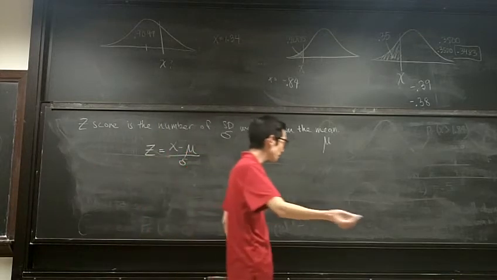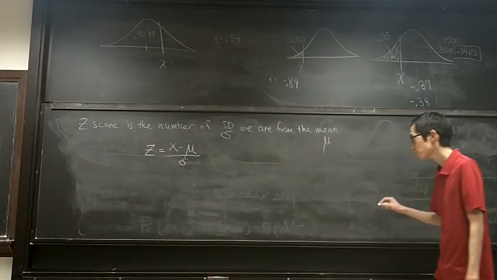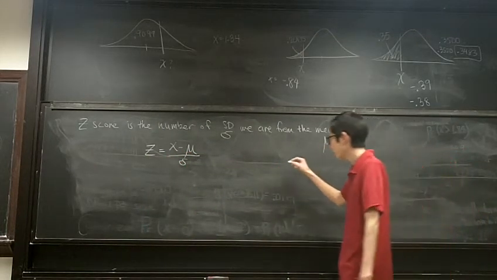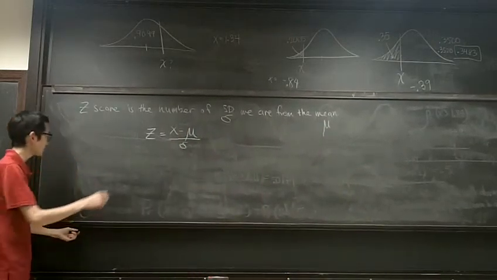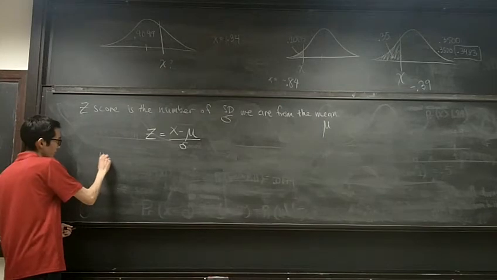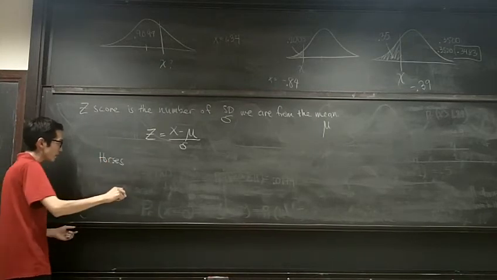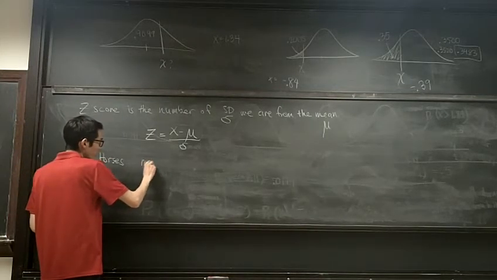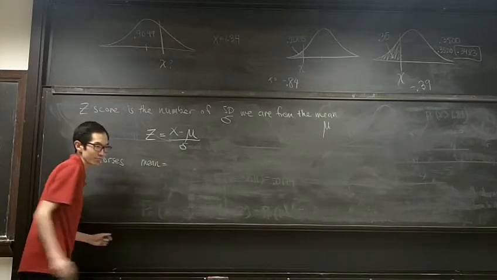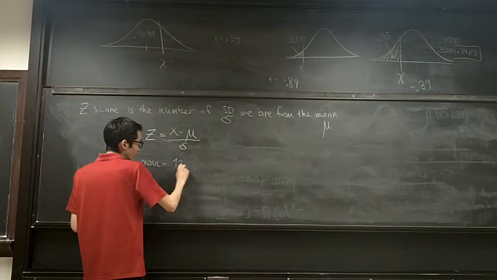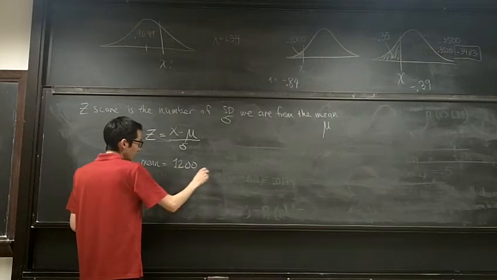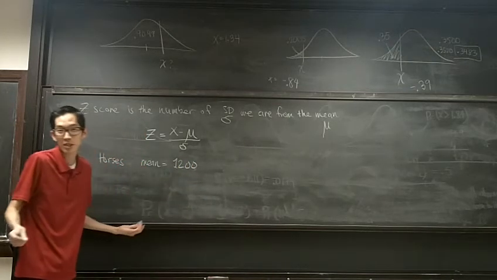Let's say we're dealing with horses now. Let's say horses have a mean weight of 1,200 pounds. I'm making something up.